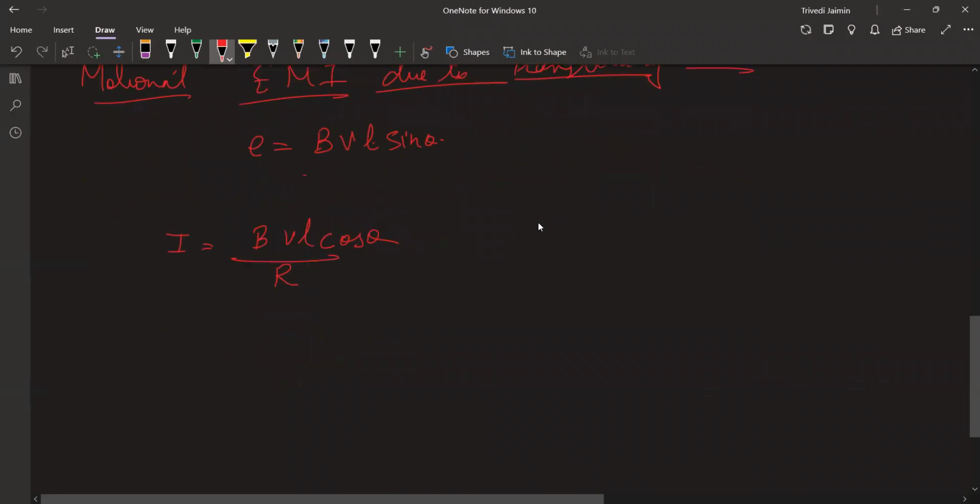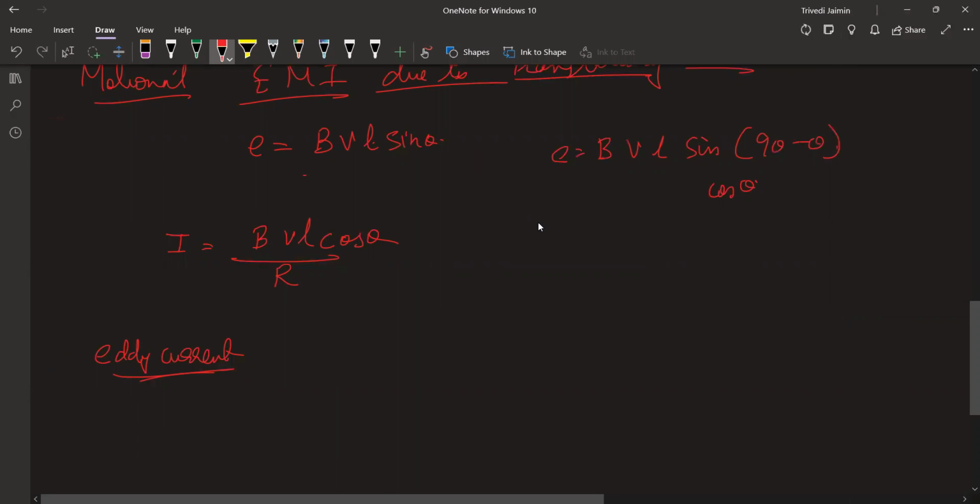What is eddy current? It's just the cos component. Because if it is VL sine of 90 minus theta, it will give you cos theta.